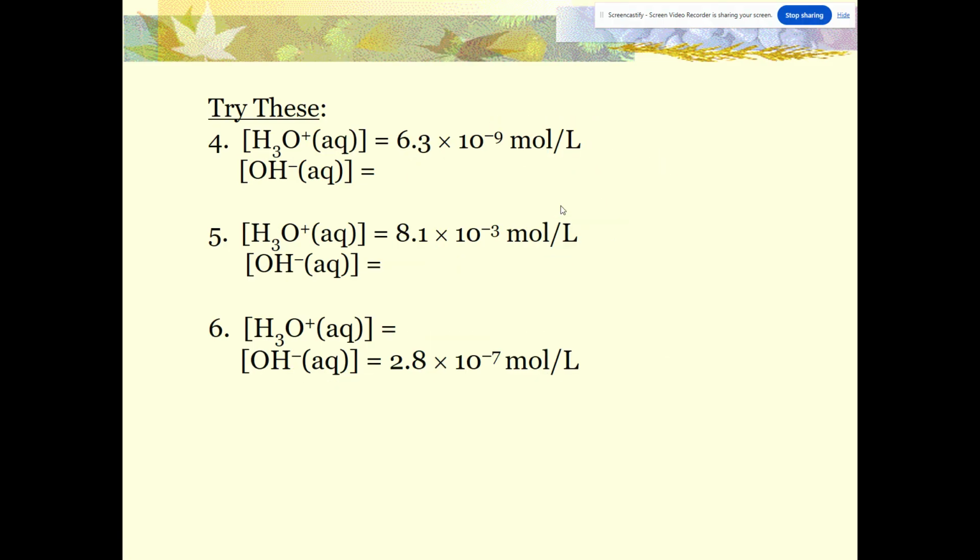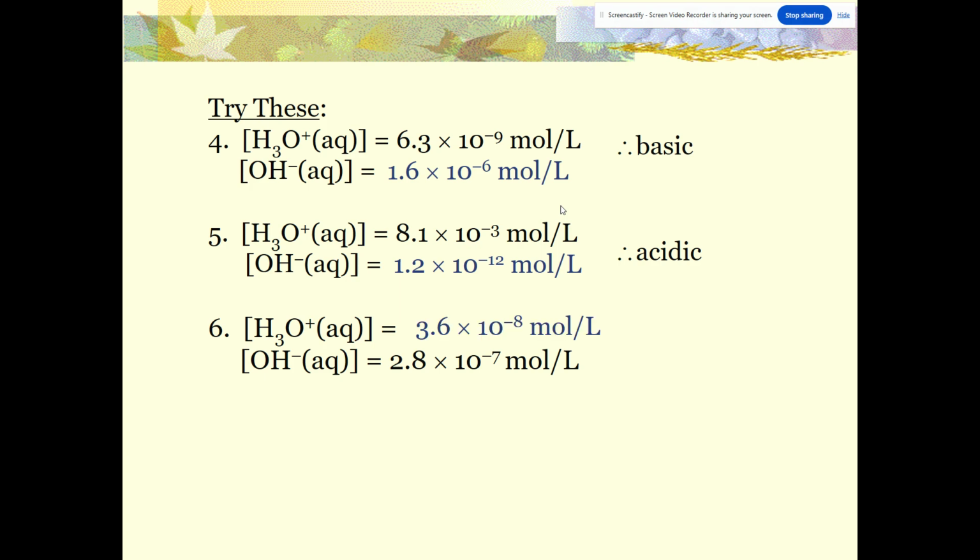And then a couple other examples. Hydroxide here would be 1.6 times 10 to the negative 6. That's greater than hydronium, so it's basic. The next one, the hydroxide ions, would be 1.2 times 10 to the negative 12 moles per liter. The hydronium is greater, so it's acidic. And the last example here would be 3.6 times 10 to the negative 8, which would give us a slightly basic solution.